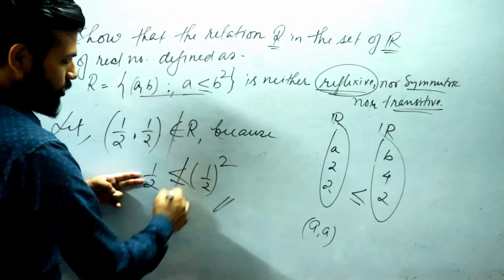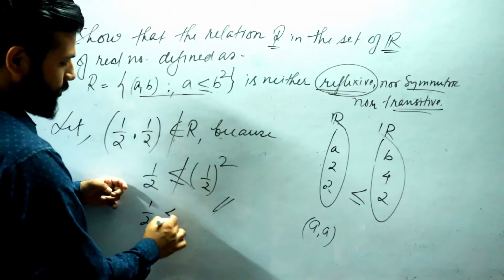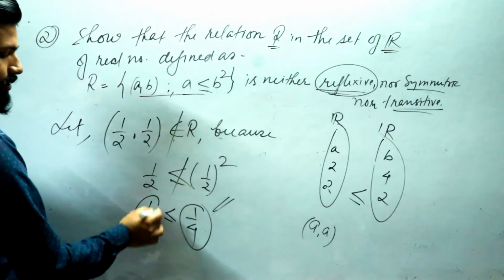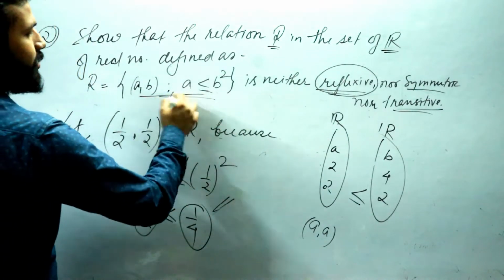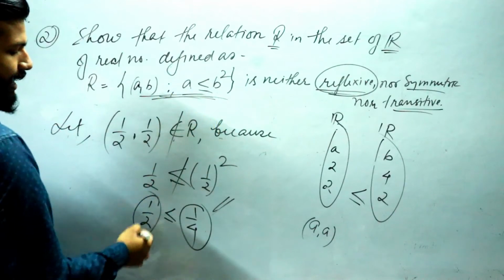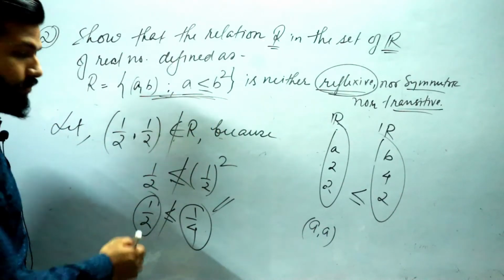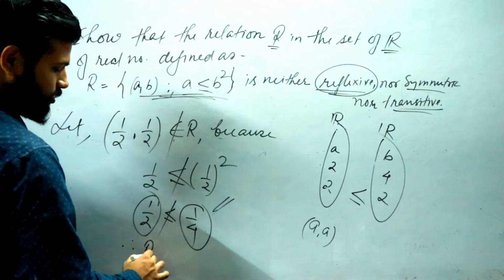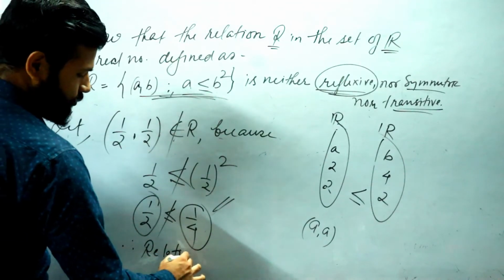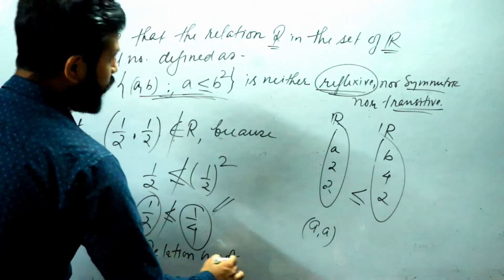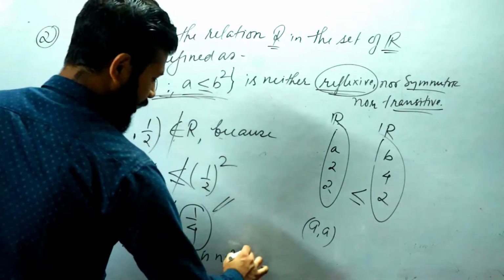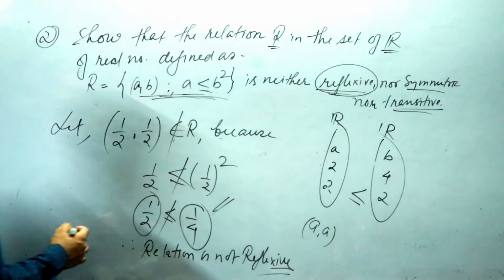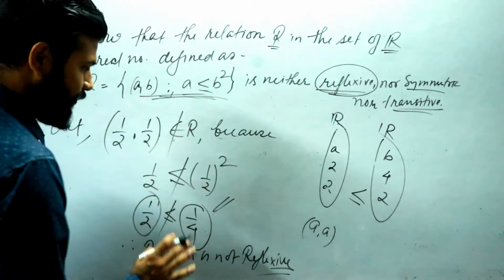Half square means 1 by 4, and we know that half is bigger than 1 by 4. So this definition is not satisfied in this case. Therefore we can say that the relation is not reflexive. I hope the reflexive part is clear. It's very interesting.